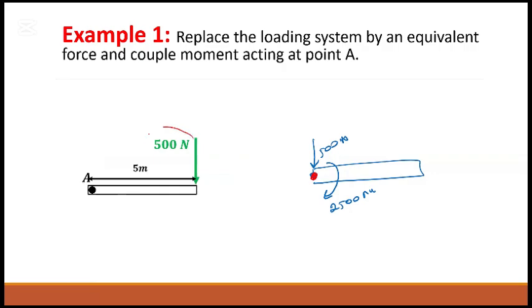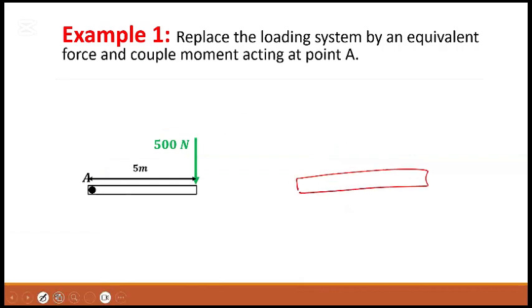Whenever you have a force, you can bring that to A, plus you have to find the moment created by this force about A. The moment created by this force about A is force times the perpendicular distance, which is 2,500. So I can just bring this 500 to A, and I find the moment created by this 500 about A, which is 2,500 Newton meters.